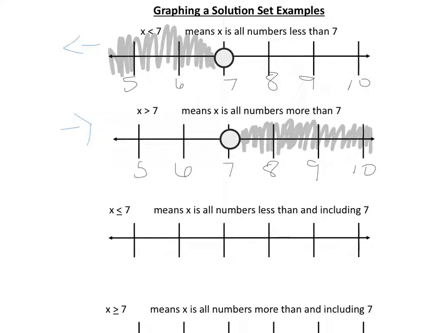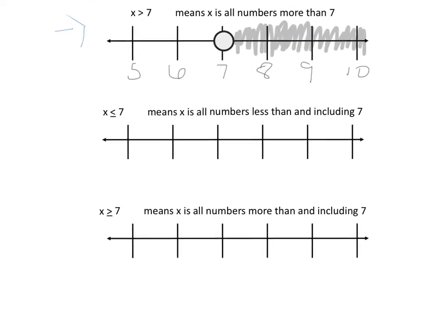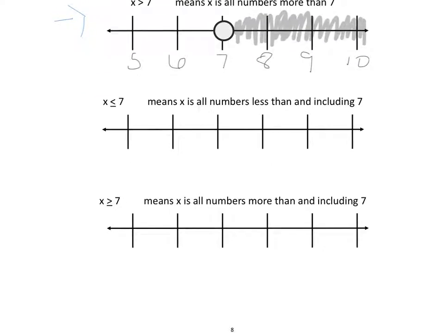Now let's take this and look at the other two symbols that are underlined. We're going to need to recreate our number lines again. So we have that x is less than or equal to 7. This means we put our circle at 7 just like we did with the first two, but instead we want to fill this circle in.